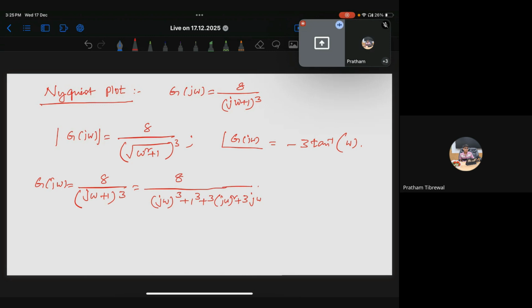If you expand this, I'm not going to do the complete thing, so please verify it.